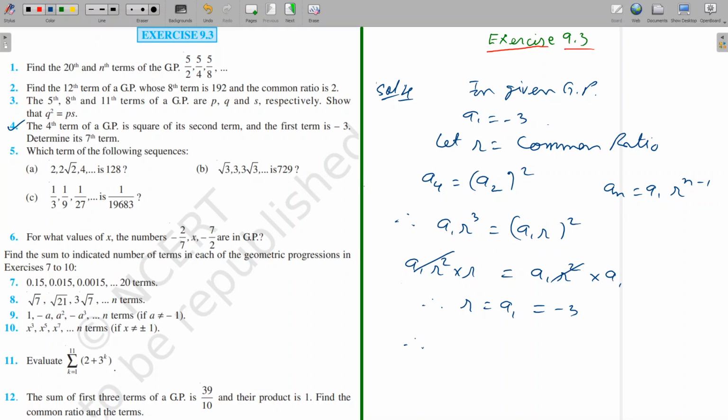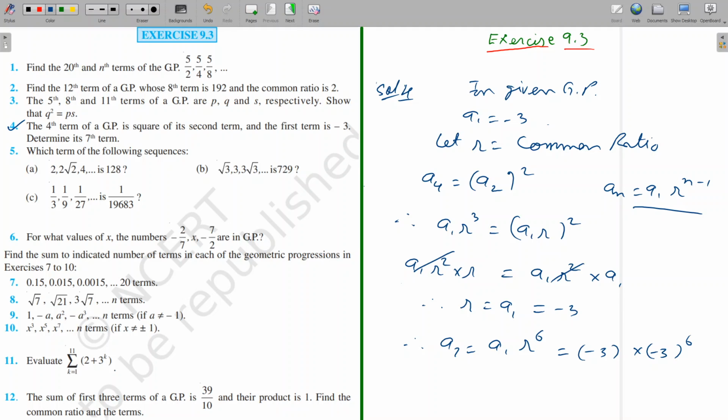So therefore a7 equal to, again we will apply this formula, that is a1 r raised to 1 number less than this, that is 6. What is a1? That is minus 3. What is r? That is also minus 3, raised to 6.